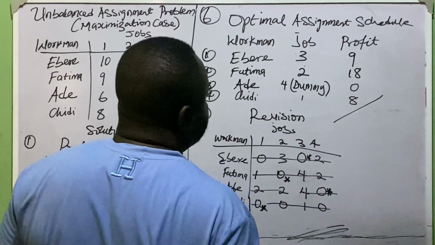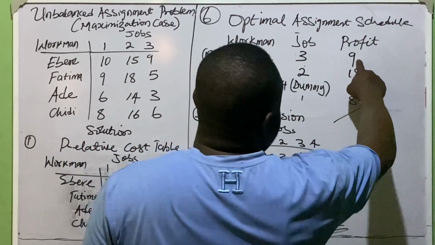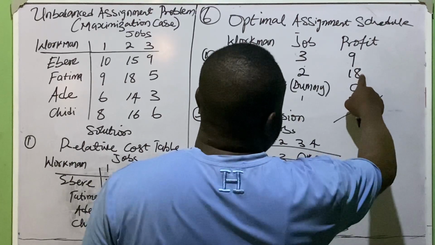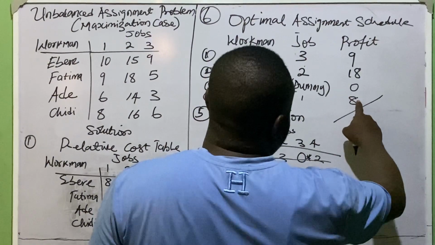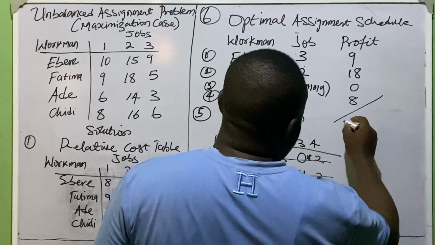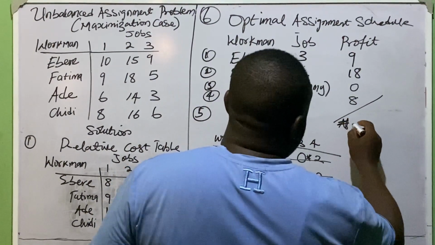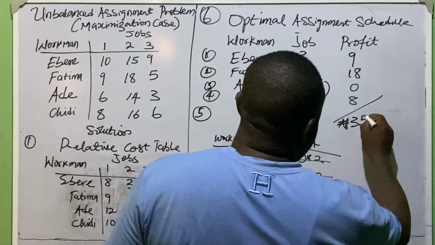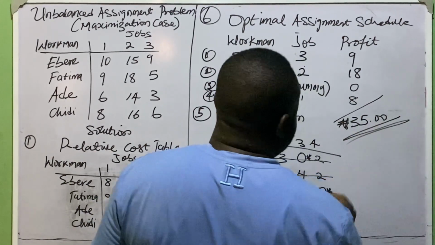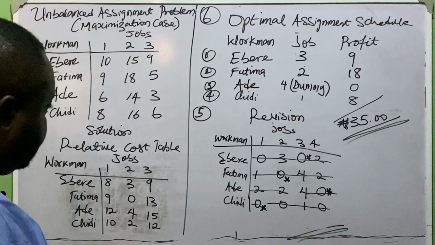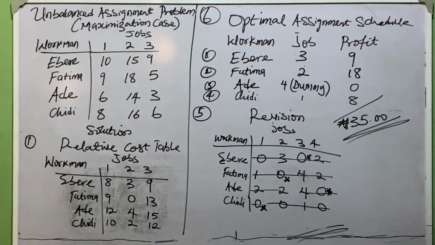So the total profit will be 9 plus 18, which is 27. 27 plus 8 will be 35. We'll be having 35 naira, maybe 1,000 or whatever, as the total profit for the assignment.